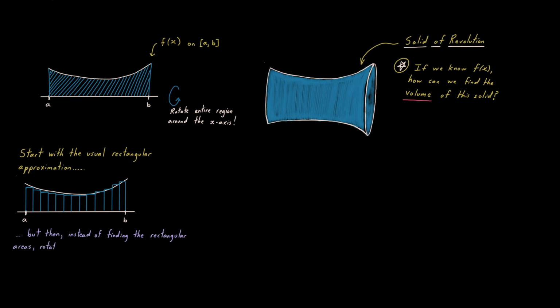I'm going to take each of those rectangles and rotate them around the x-axis. That will create n cylinders. So n right endpoint rectangles, rotate each one to create n cylinders in total. These n flat cylinders that we call disks. But whether the cylinders are flat or thin, we find the volume in the same way.